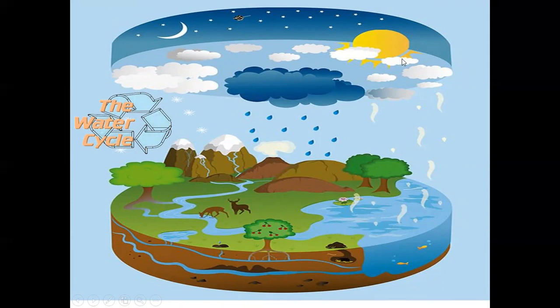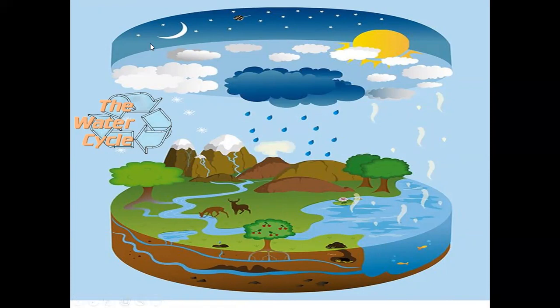When the sun warms the water of seas, rivers, ponds, lakes, it changes into water vapor. Water rises in the air. As it rises, it cools and changes back into tiny droplets of water which form clouds. The drops then fall to the ground as rain.